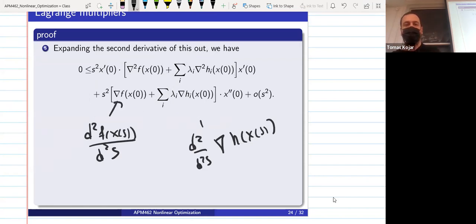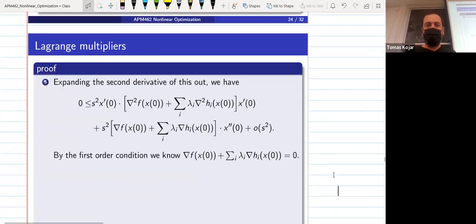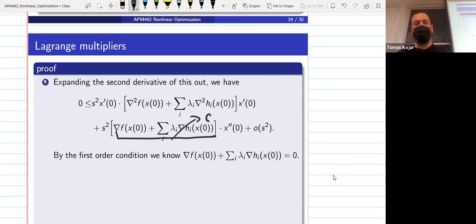Let me keep it clean. I put in the summation. By Lagrange multipliers, that's why I plugged in the h, this whole term is dead, and I'm left with this term, which is what I wanted.